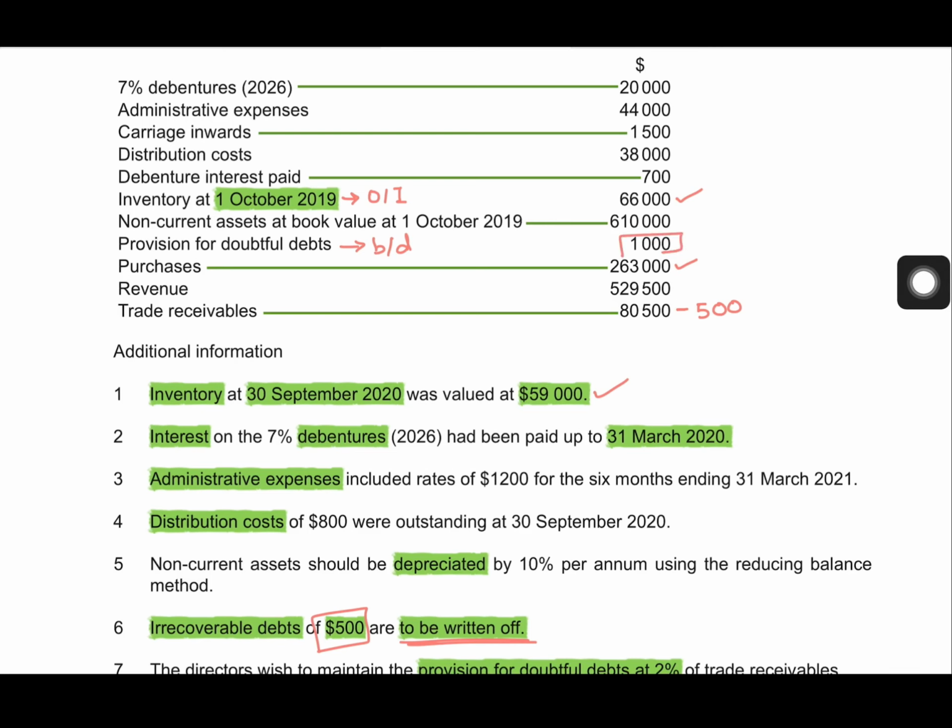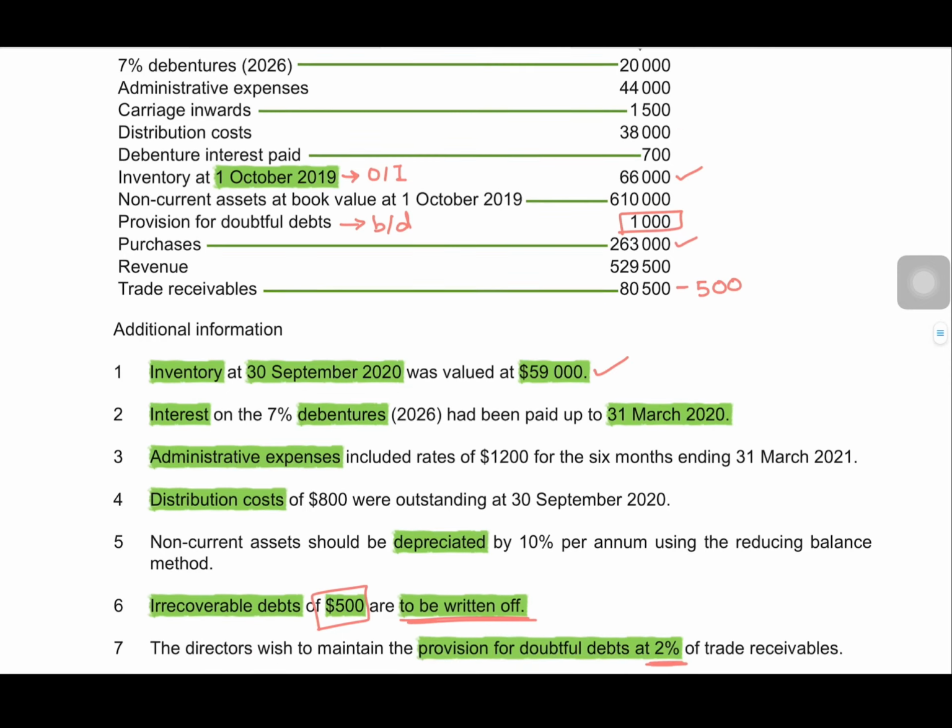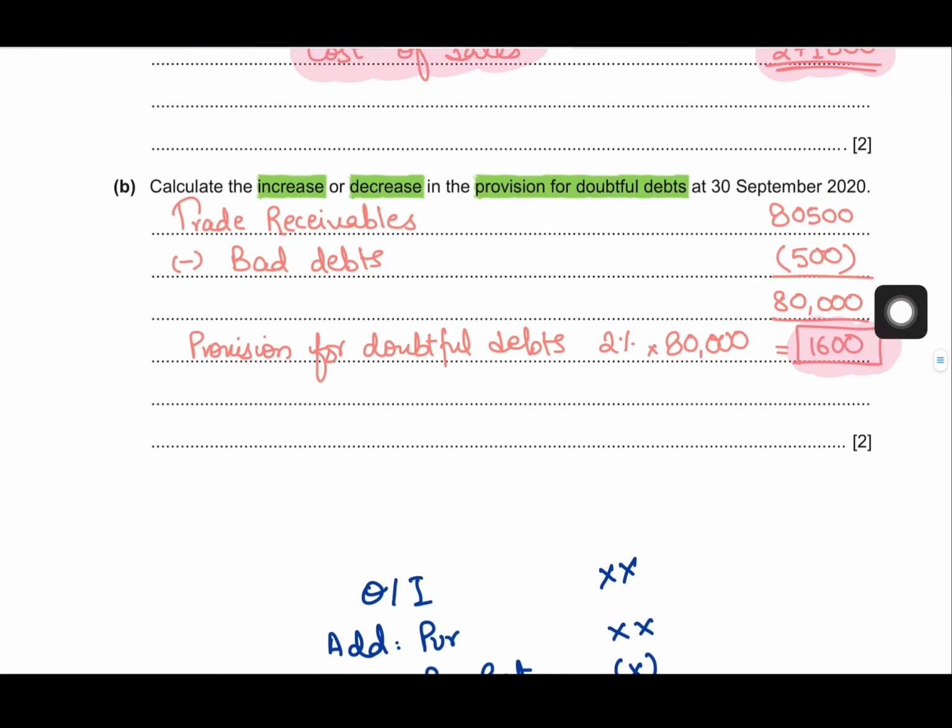In the current year end, how much are we estimating now? $1,600, right? So, this means that from $1,000 it has been increased to $1,600. This means that there is an increase of $600 in my provision for doubtful debts as compared to last year.